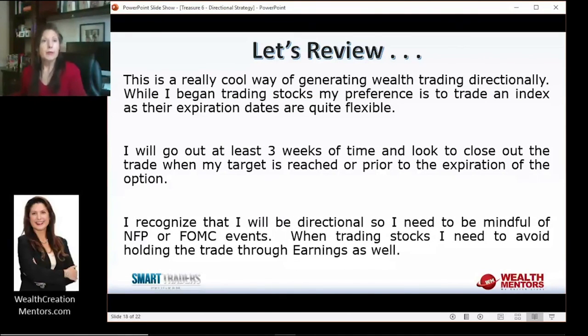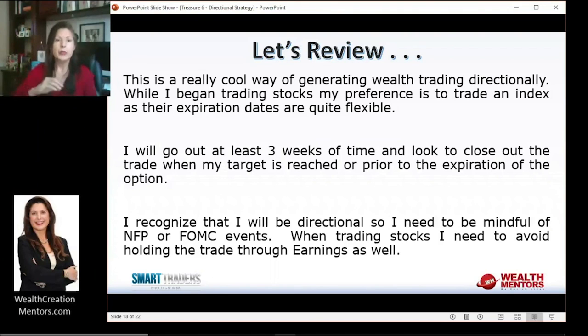Now, I recognize that I am directional and I have to be mindful of non-farm payroll events. Non-farm payroll, I typically can mitigate by buying a counter option that expires maybe Monday. Buying the one on Friday, probably not a good idea, but maybe Monday is a better idea. And then FOMC events, they are totally hit or miss.